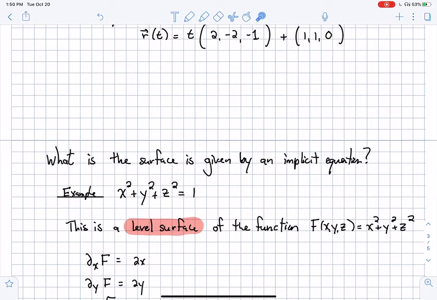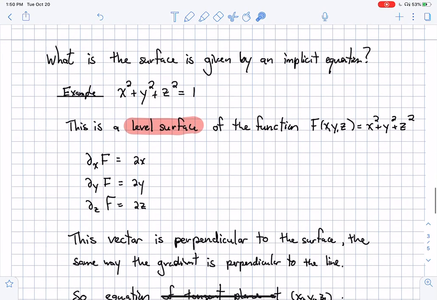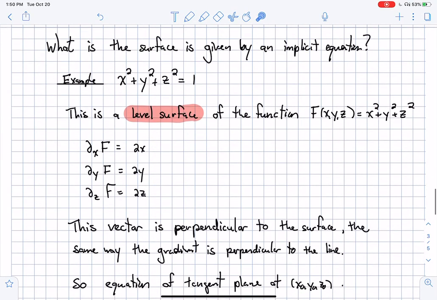This class is the equivalent of looking at the tangent line for the circle. So what if my surface is given by an implicit equation, like we have for some quadratic surfaces? Okay, so for example, for the sphere. So how can I do this? Well, here's the recipe, and I'll discuss that in class and explain a little bit more why it works.